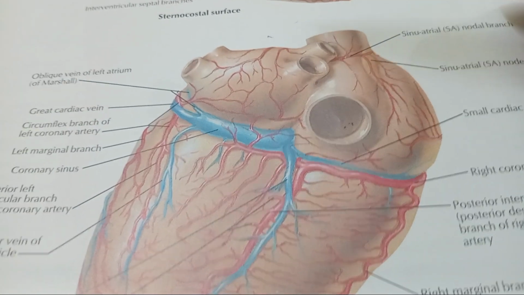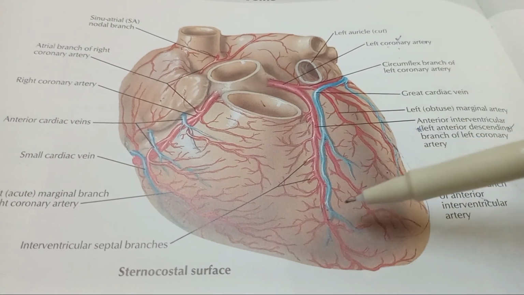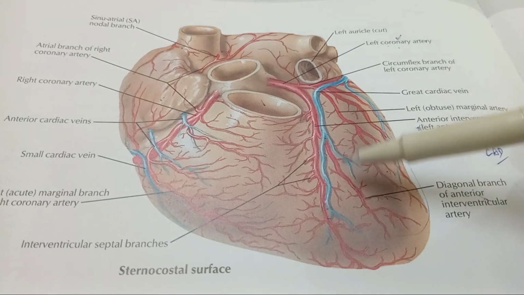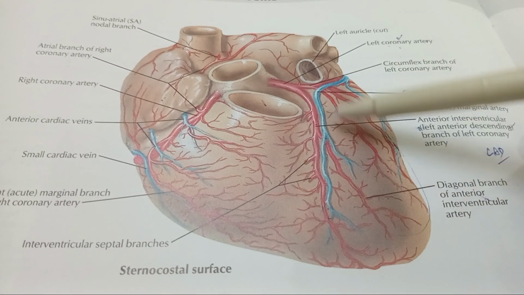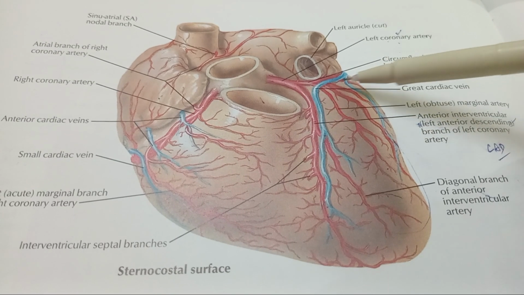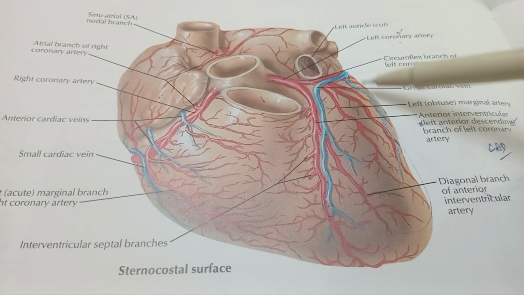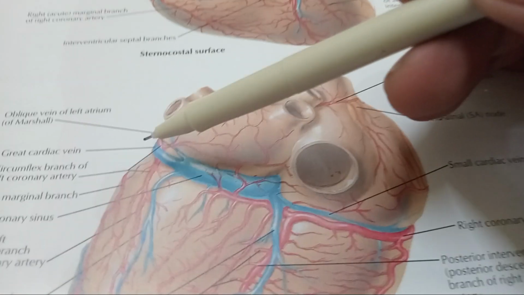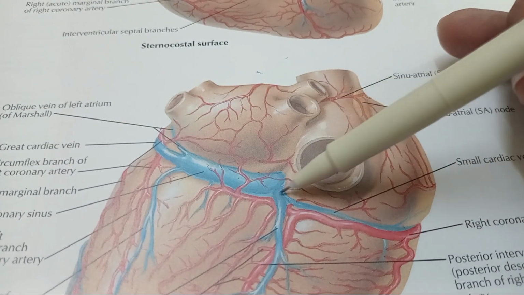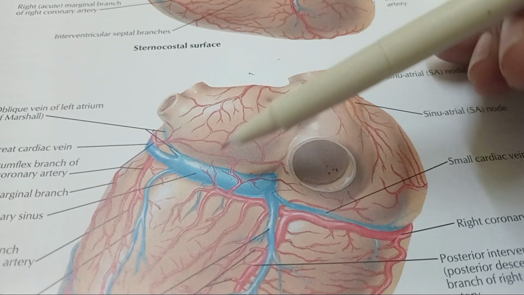Coming to the venous supply, these blue veins are taking the deoxygenated blood away from the heart muscles, again on the left side and the right side. All these veins congregate to make one big coronary sinus, located on the left, between the left atrium and left ventricle.